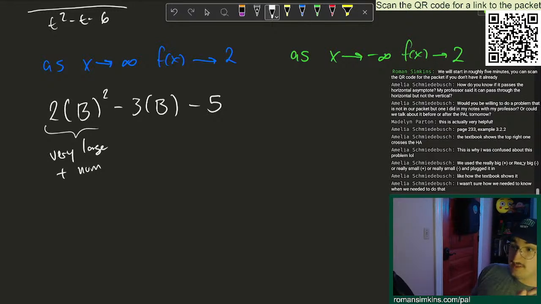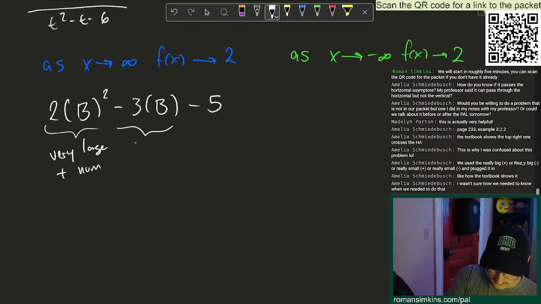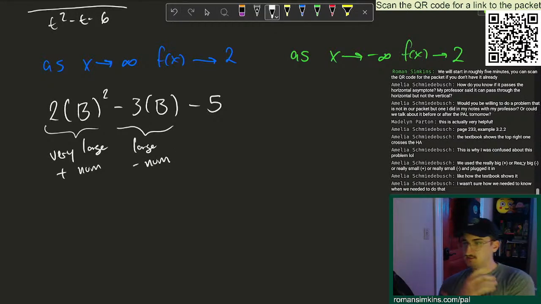Now I'm subtracting 3 times a billion. Negative 3 times a billion is a large negative number, but hopefully it's clear that 2 times a billion squared is a larger number than 3 billion.